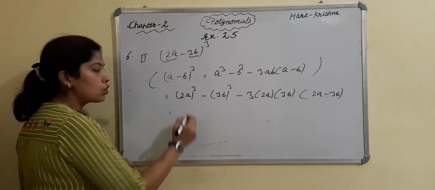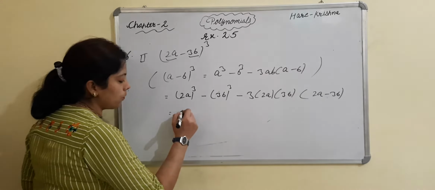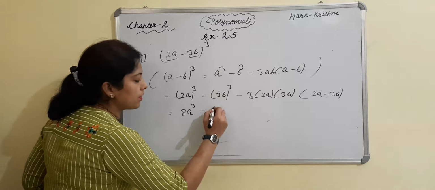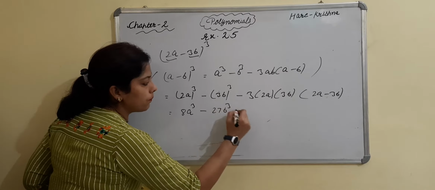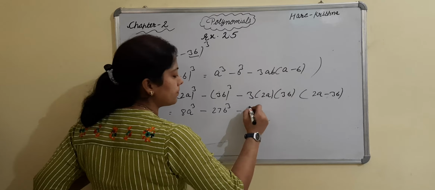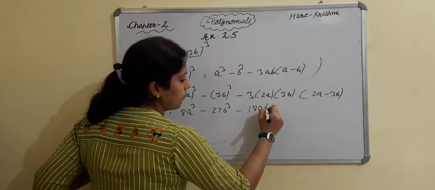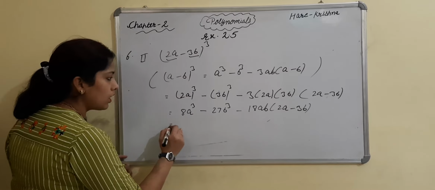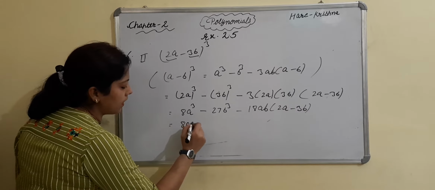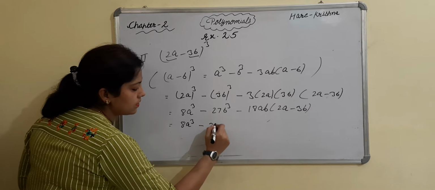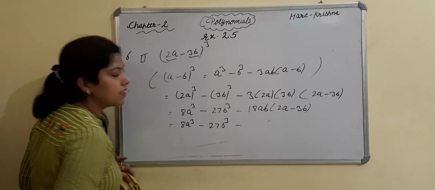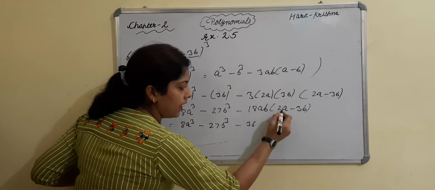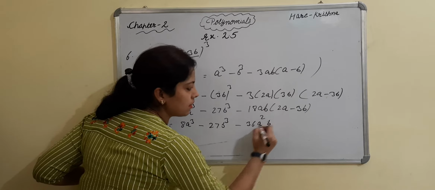Now solve this. (2a) cube means 8a cube minus 3 का 3, 27. 27b cube minus 3 to the 6, 6 3 is 18. 18ab into (2a − 3b). Now solve this. 8a cube minus 27b cube minus 18 to the 36, 36 a square and b single.